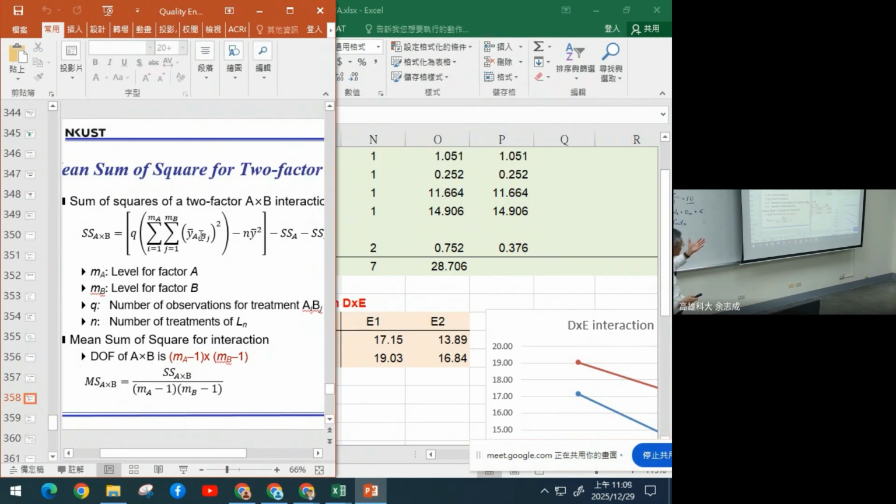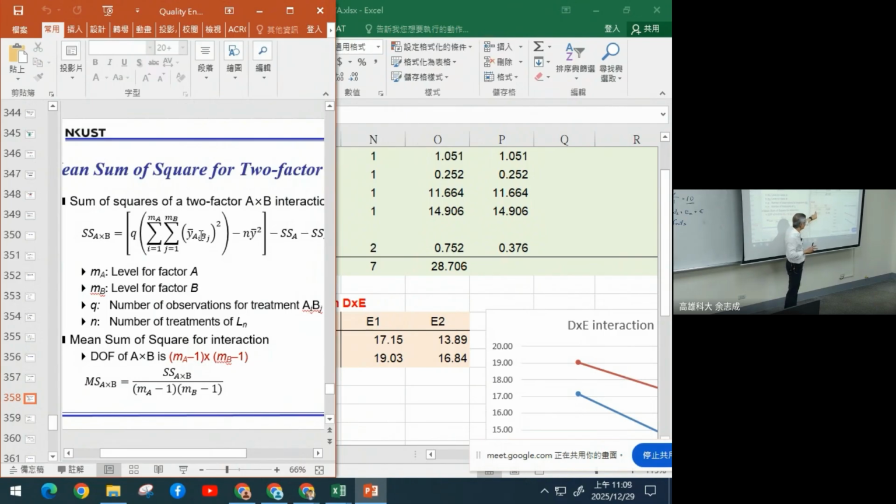Similarly, you can see this will be sum of square for the average for the combination, right? So there will be sum square for these 4. Multiplied by how many repetition? Q is number of observation to calculate this average. We know there are 2 design, which is in D1, E1, right?